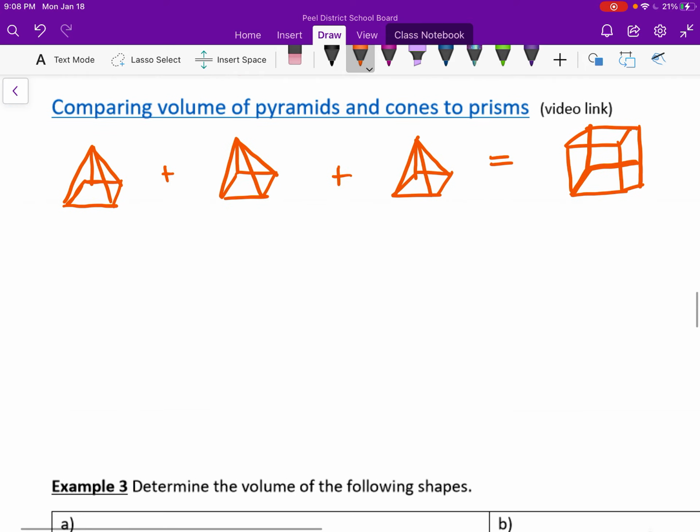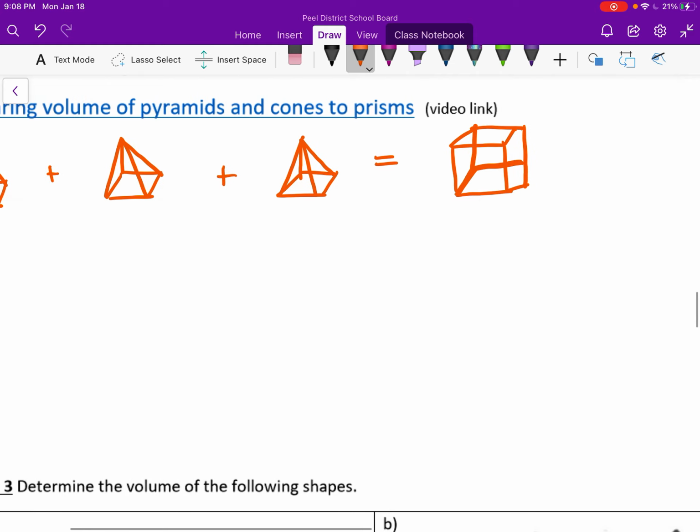Okay, so if you took a square-based pyramid, a square-based pyramid, a square-based pyramid, and you added them all together, it would give you a cube, right?